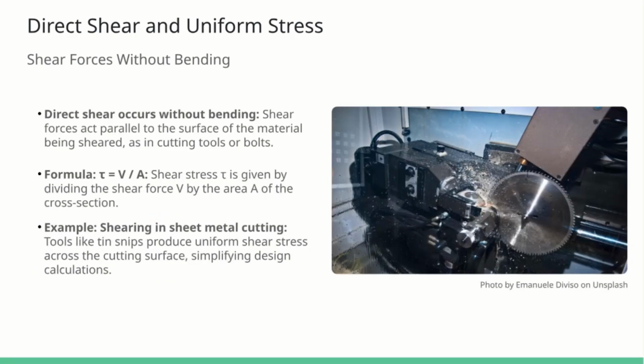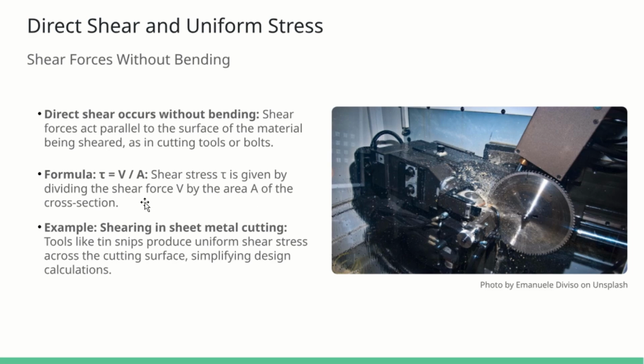Next, direct shear and uniform stress. For example, if we cut a metal rod using cutting tools or bolts, the cutting is without bending. If you bend something, it is bending, so it does not have uniform stress.